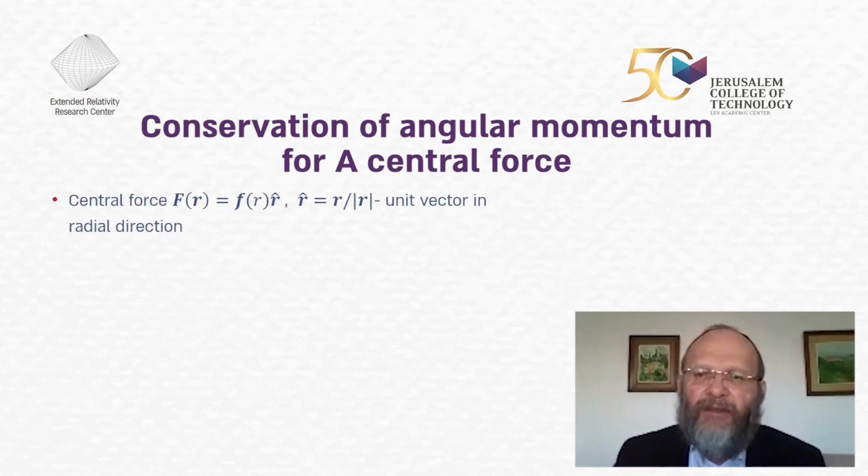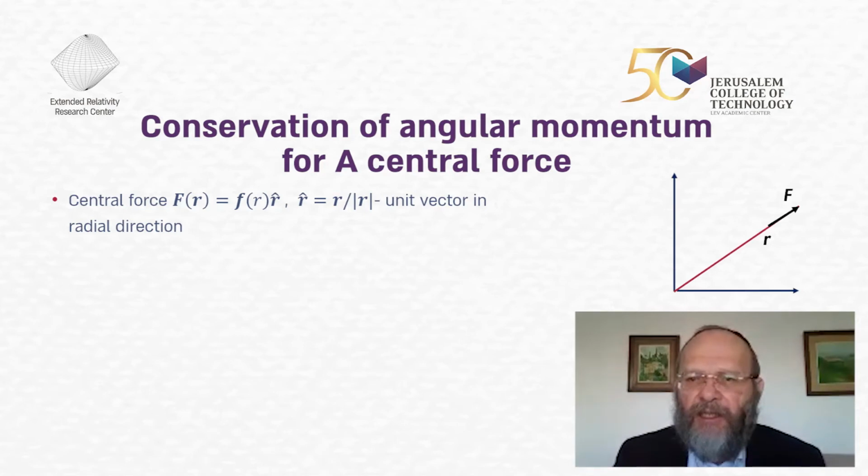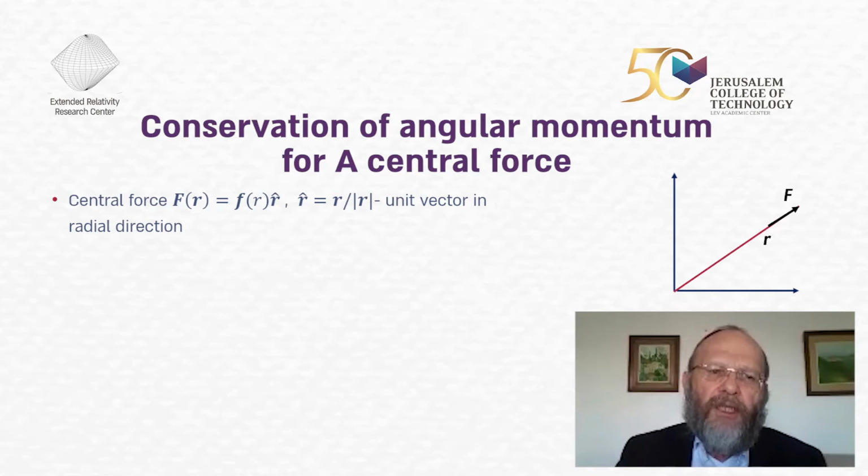It means you have a center for this force, like this is the center, and this is r, and it's in the same direction, in the radial direction. So you can write it as a function. When I write not bold r, that means it's depending on the length. The length of the vector is a scalar, and therefore it's denoted without being bold. And that's the definition. And r hat is a unit vector in the radial direction.